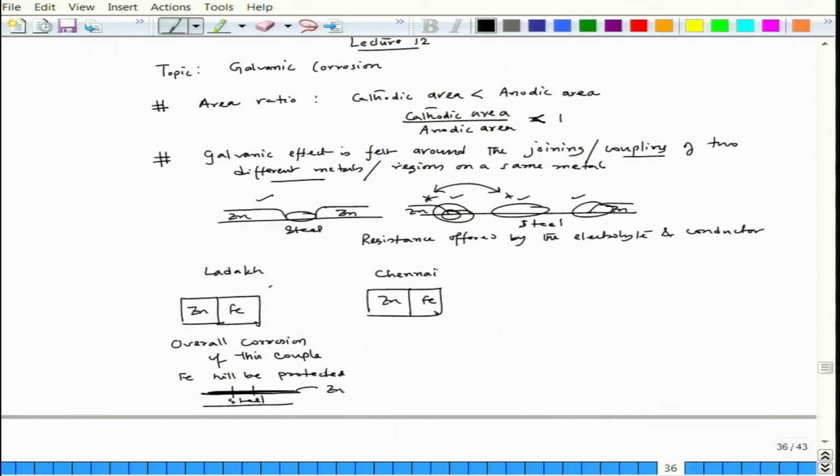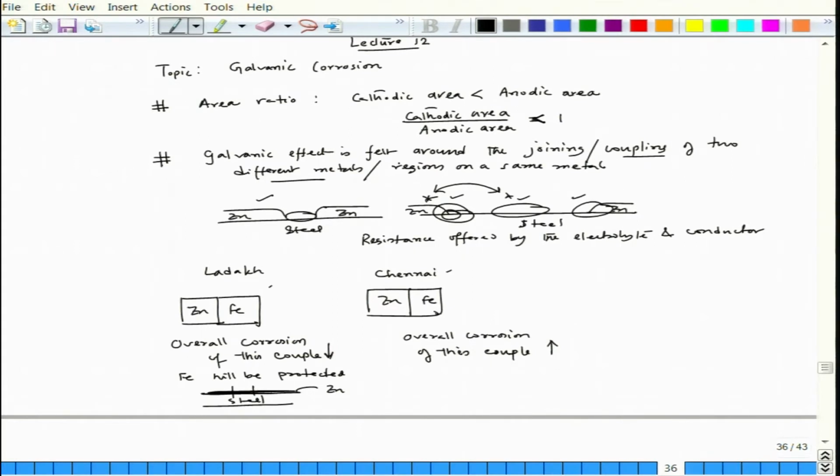But if we consider the Chennai area, overall corrosion of this couple would be very high, and here it will be less.